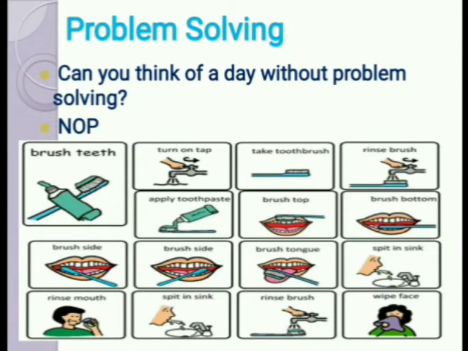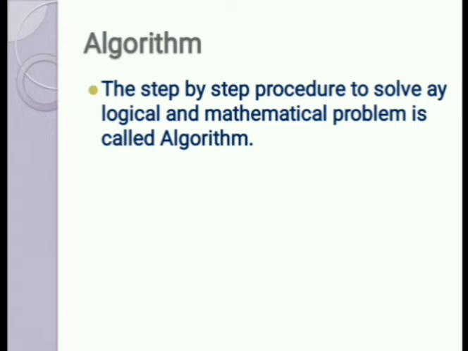So, in order to solve any problem on a computer in a right way, we need to write an algorithm. So, we'll see what is an algorithm. The step-by-step procedure to solve any logical and mathematical problem is called algorithm.